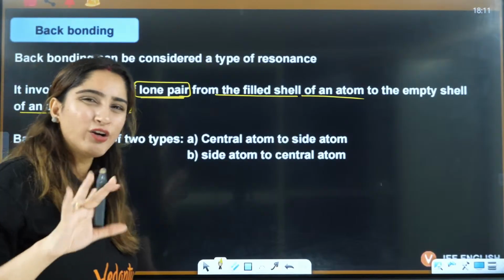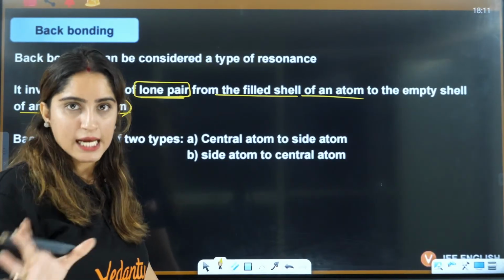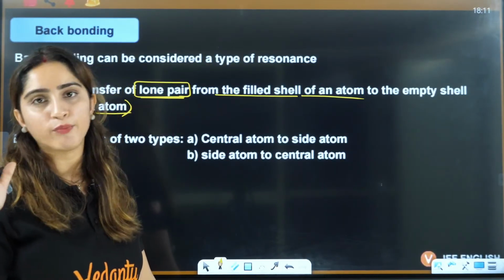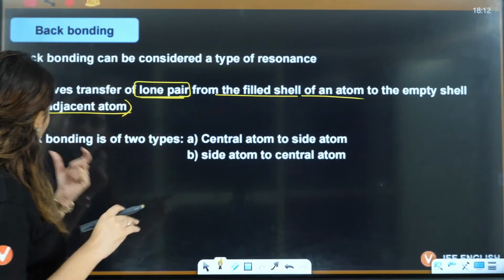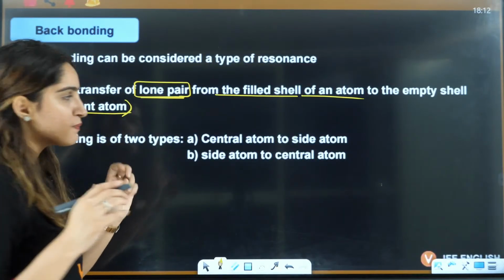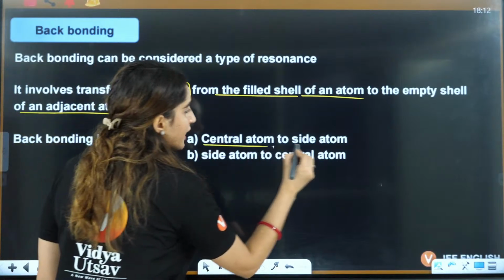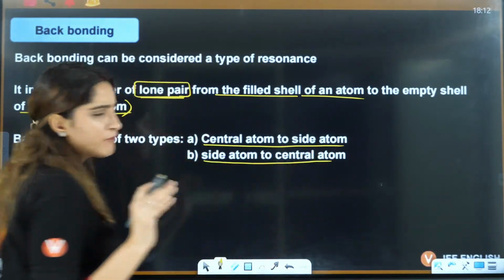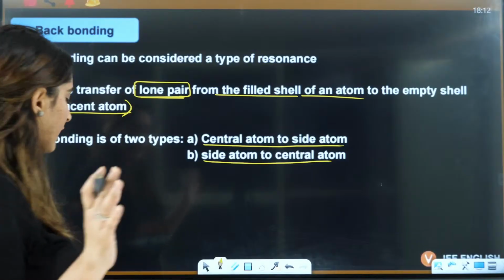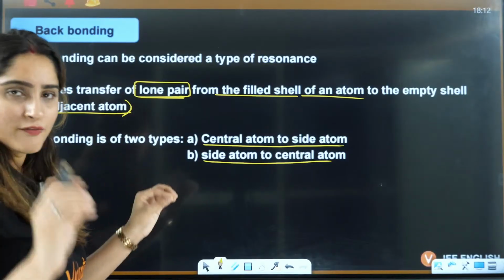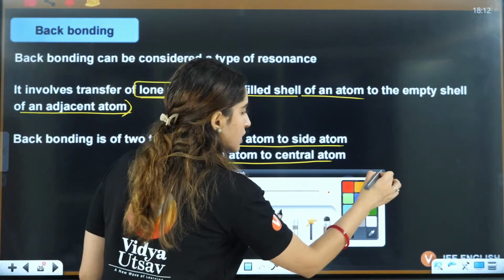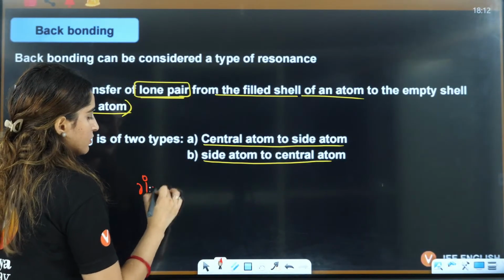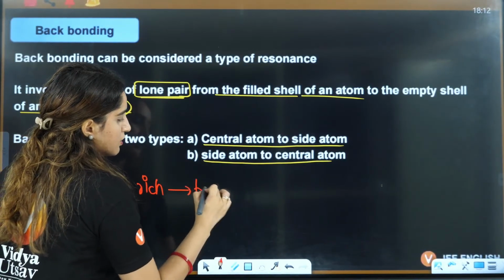It is a kind of covalent bond only. Then back bonding is of two types: first is central atom to side atom, then side atom to central atom. One by one with examples, we will see both the types. In back bonding, always remember what happens: rich to poor, rich to poor.